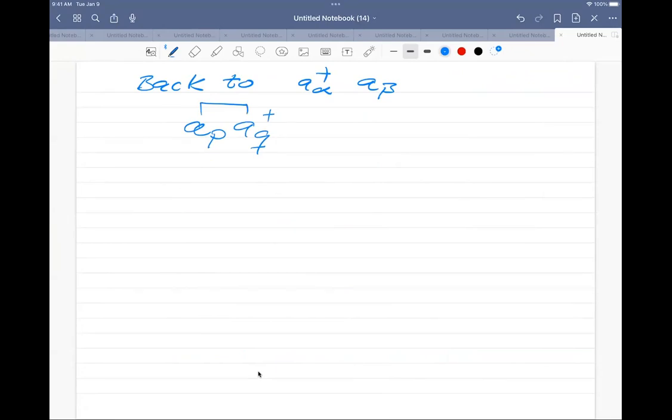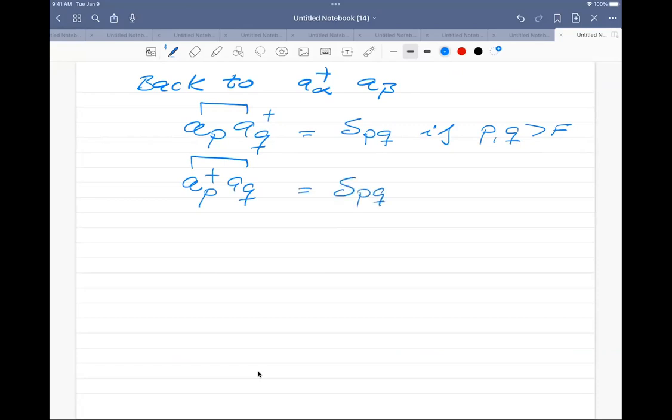If we look back at what we did with these particle hole operators, this is going to be delta_PQ if and only if P and Q are states above the Fermi level. So this is one of the contractions, the standard contraction, which we have always been using. And in our previous notation, this contraction here has always been 0. But now we're going to redefine it. So that means that this is going to be different from 0 if P and Q, both of them, are below the Fermi level.